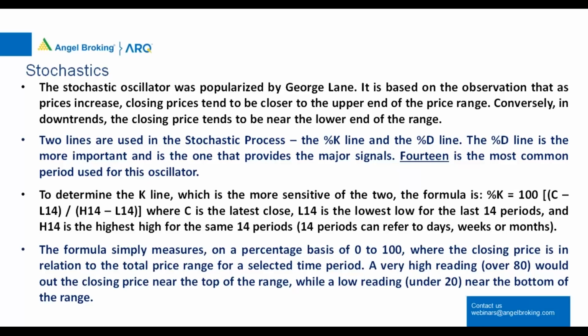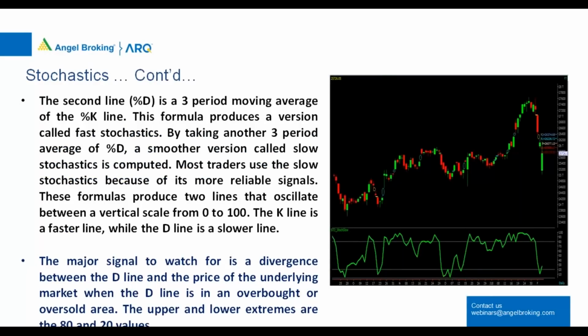And by taking another 3 period average of percentage D, a smoother version called slow stochastics is computed. Most traders use the slow stochastics because of its more reliable signals. So these formulas produce two lines that oscillate on a vertical scale from 0 to 100. The K is the faster line while the D is a slower line.